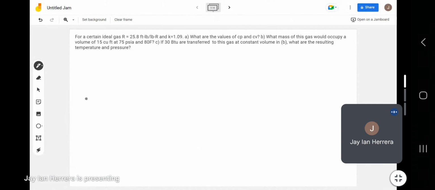Sige. So let's identify the givens first for letter A. Given tayo ng R for this problem. R of a certain gas is 25.8, foot-pound force per pound mass.